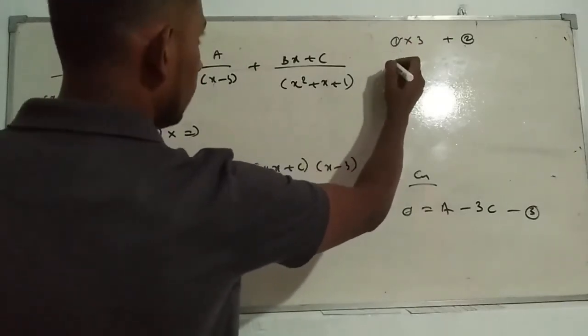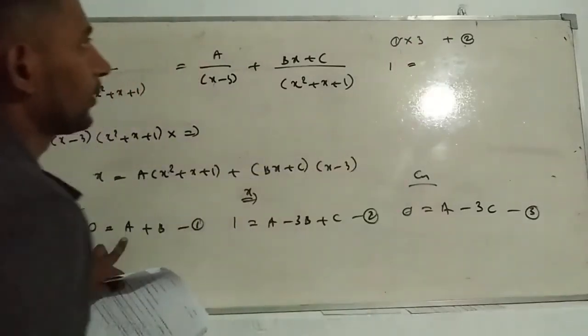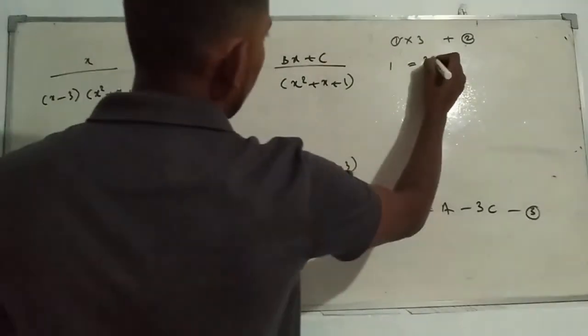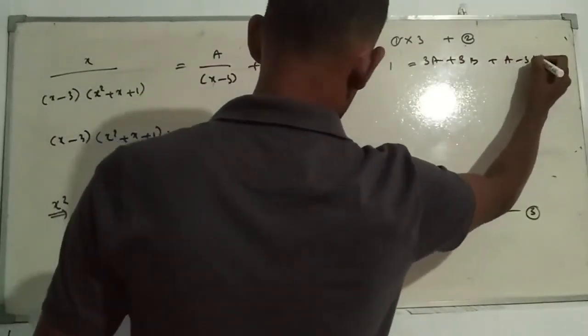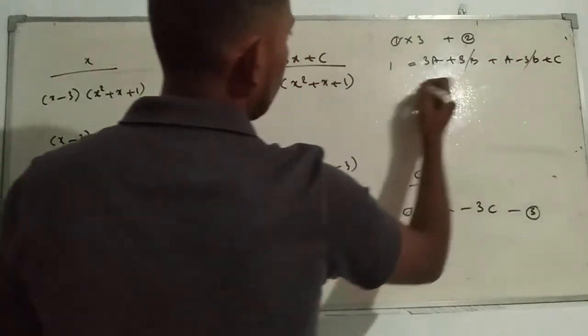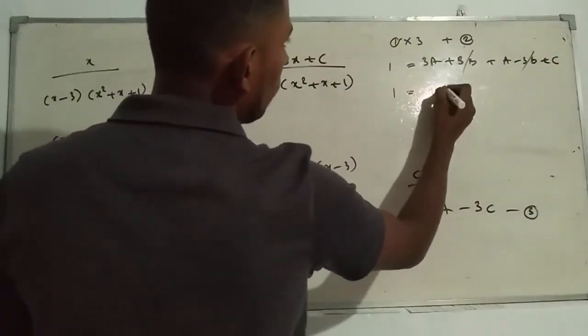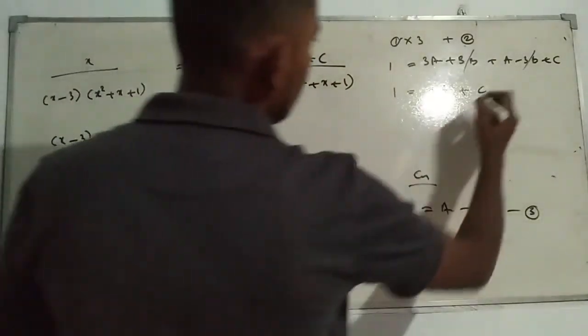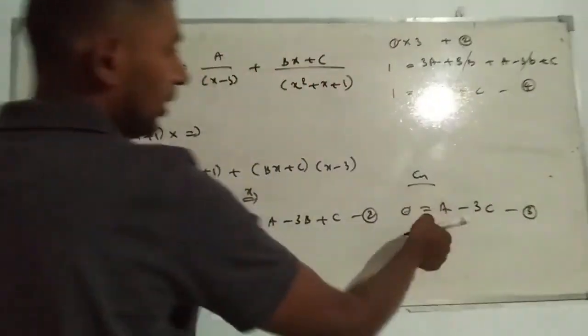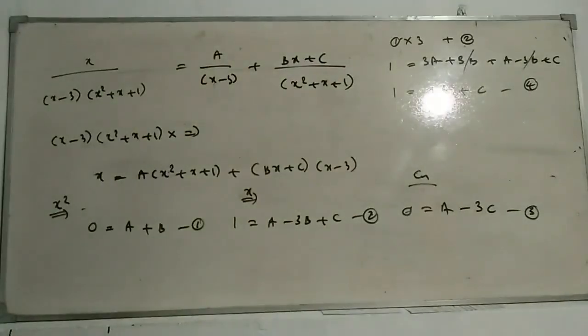That means I can write 1 is equal to 3a plus 3b plus a minus 3b plus c. That means we can write 1 is equal to 4a plus c. I take this as my fourth equation. Now I solve the fourth and third equations.